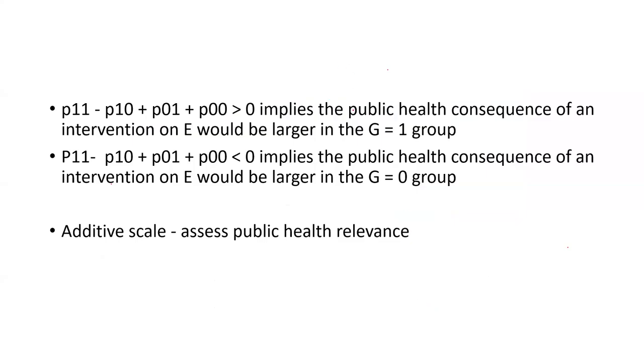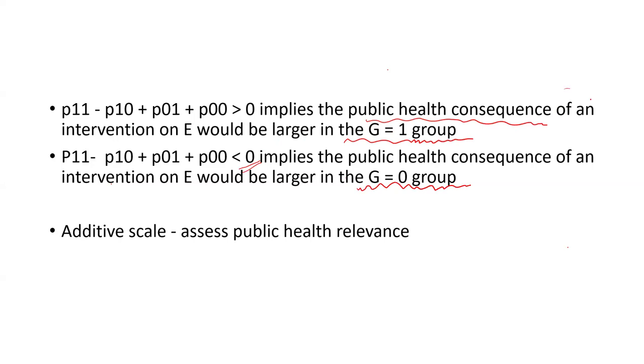So if it is a super-additive interaction, then it has a public health consequence because it means that the intervention on E would have a larger effect in individuals who are in the G equal to 1 group. And if your difference suggests a sub-additive interaction, it means you better give the intervention to individuals in the G0 group.